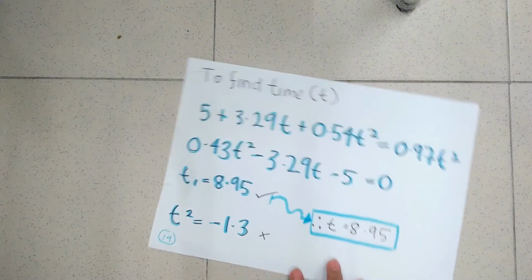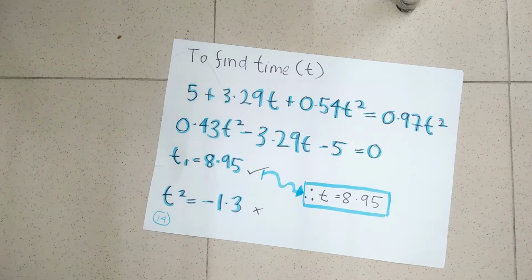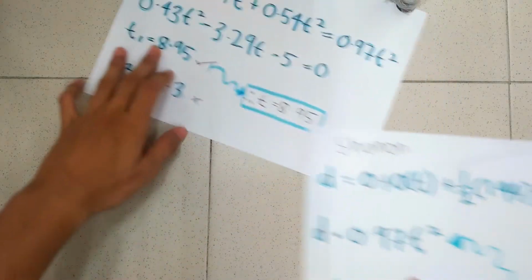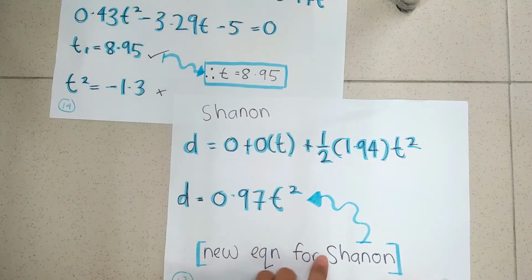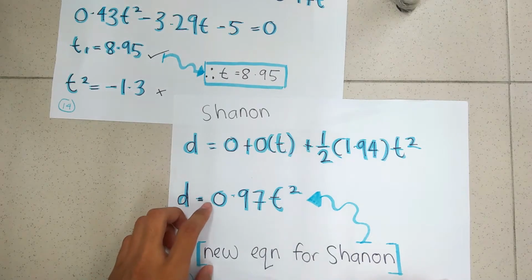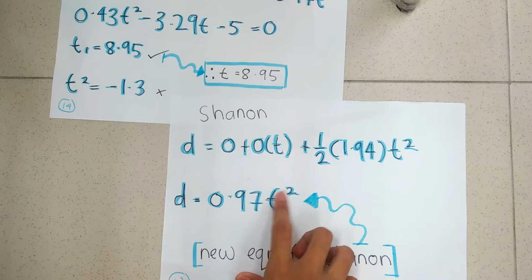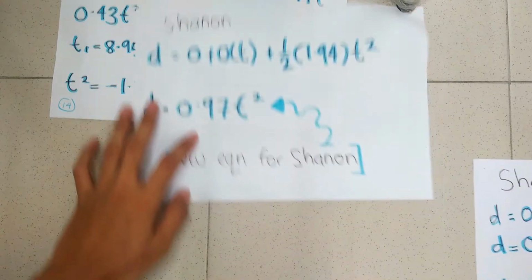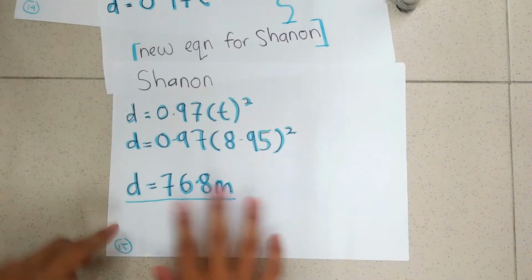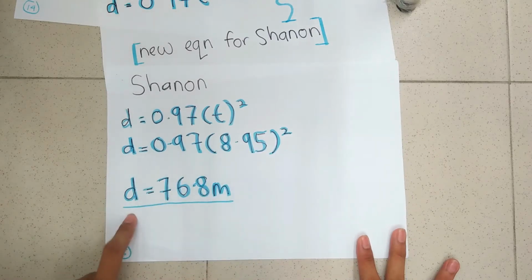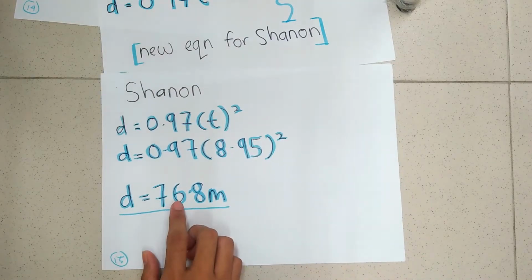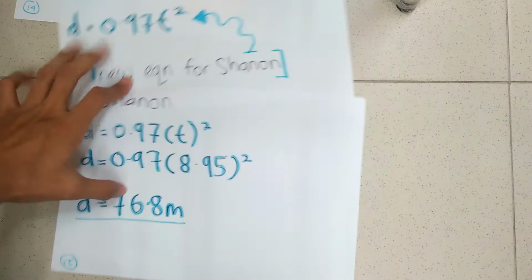After we get the time 8.95, we can put this time into the new equation for Shannon, d equal to 0.97 t squared, and we get d equal to 76.8 meter.